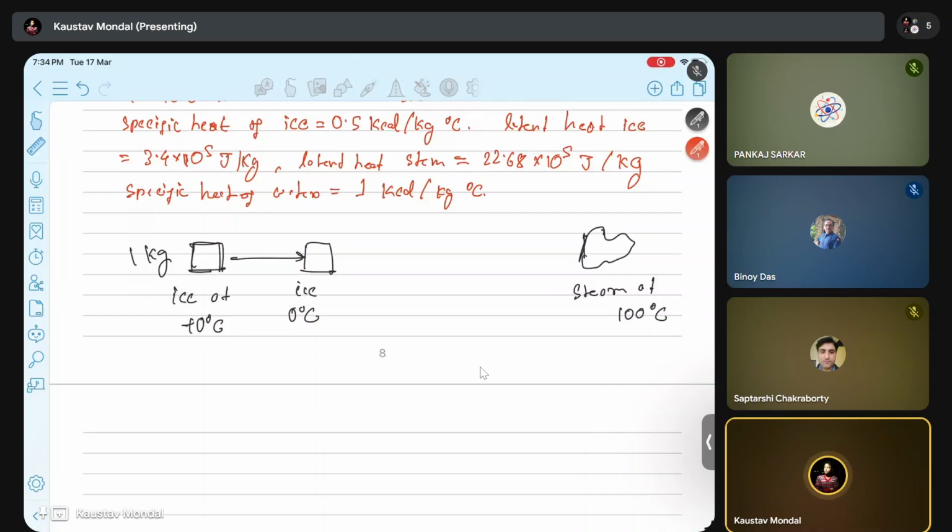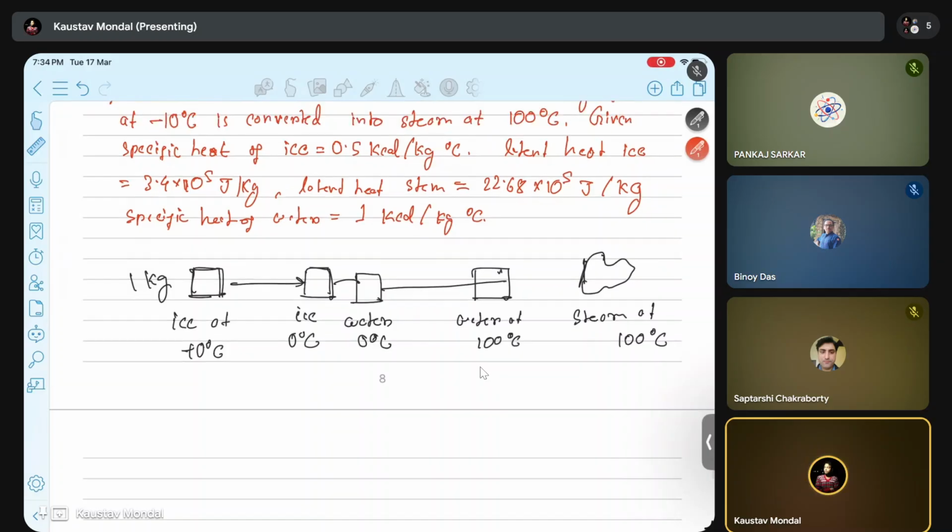Now from 0 degree, it will do the phase transition from 0 degree ice to 0 degree water, right? Water at 0 degree centigrade. Now this 0 degree water will become water at 100 degrees centigrade. So you keep increasing the heat to the system, and all of these processes happen. First the ice will heat up from minus 10 degree to 0 degree.